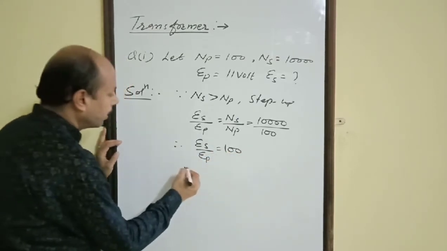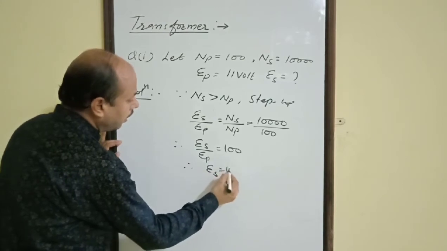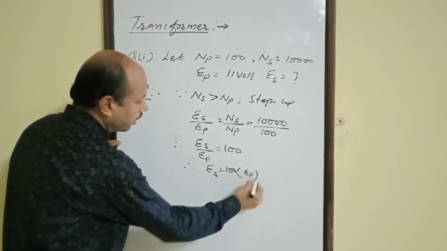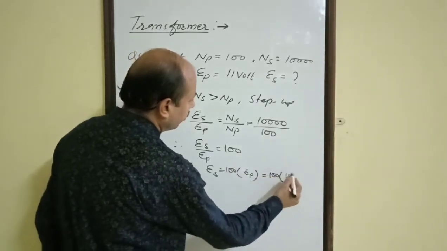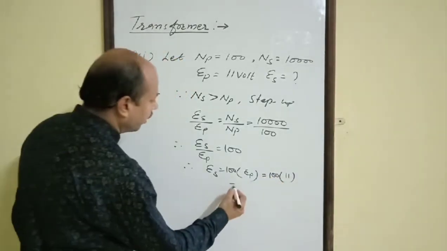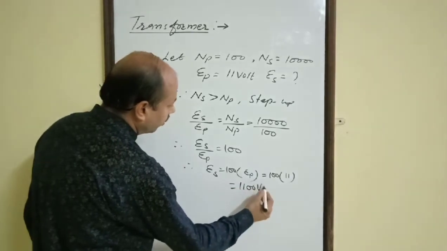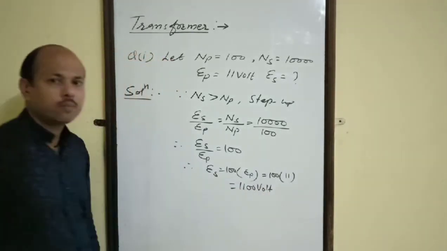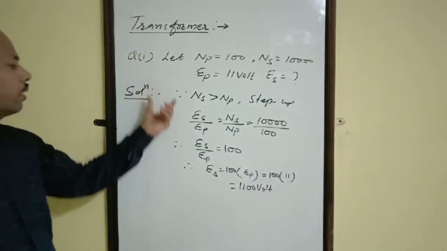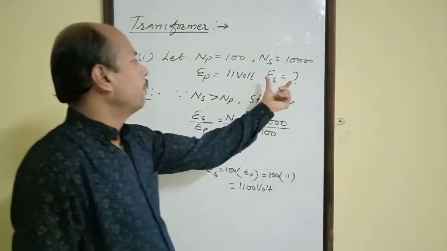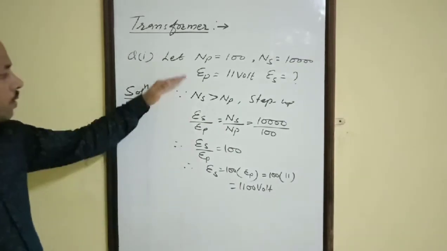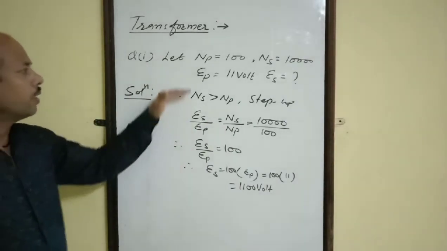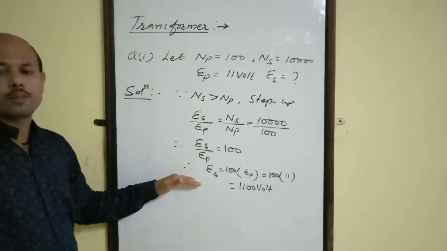It means ES will be 100 times of EP, and therefore it will be 100 into 11, or that will be 1100 volt. So by this way we can find out the EMF of secondary coil, that is denoted by ES, and such type of transformer is step up transformer.